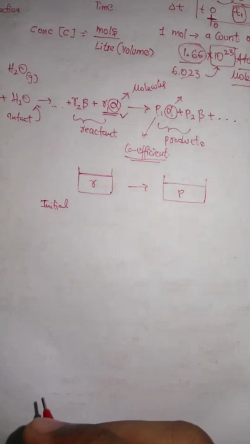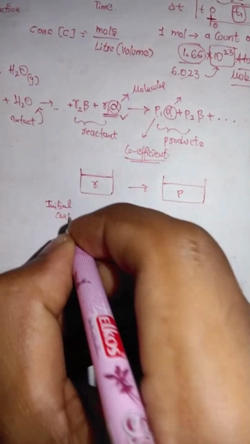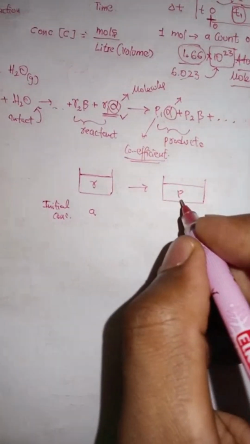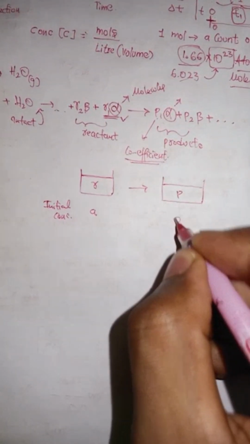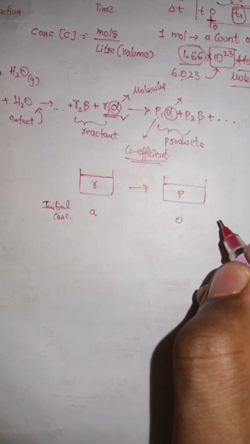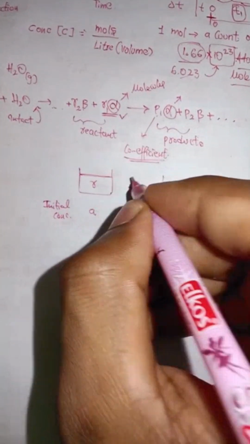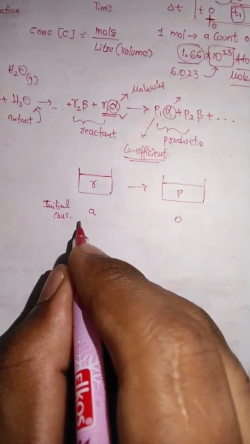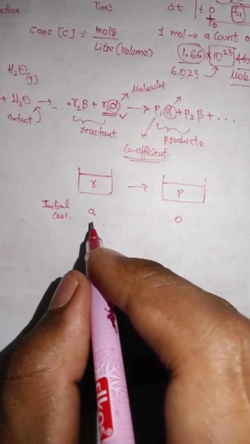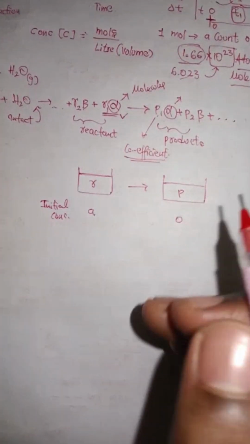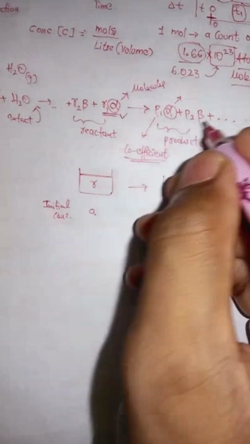Let's take the initial concentration of the alpha molecule as A, and the product concentration would be zero because the reaction hasn't taken place. And here I am only considering this reaction because this is a generalized reaction. It would be a mistake to only consider a single molecule going to another molecule because the reaction is generalized.